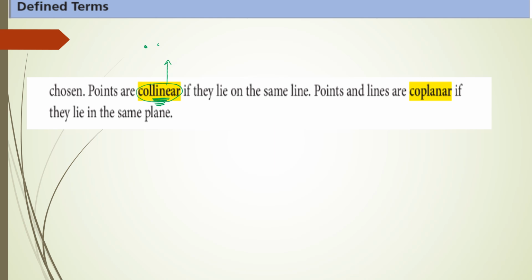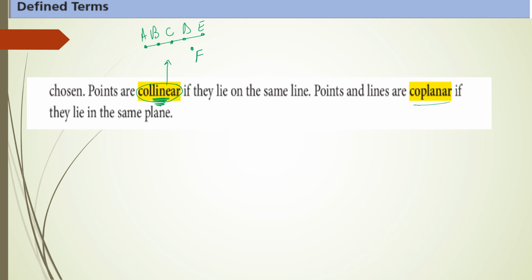If the points are in the same line, they are said to be collinear. Yani, A point, B point, C point, D point and E point, they are in the same line, so they are collinear. Now if I make the point F, it is not collinear because it is not in the same line.